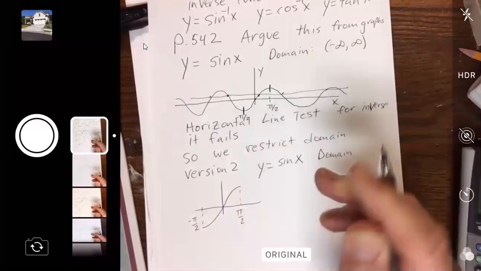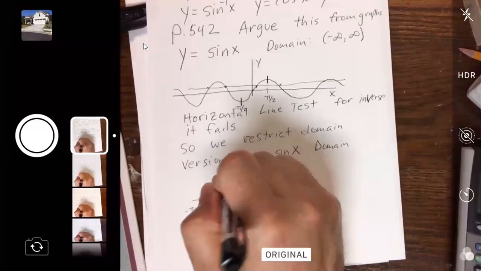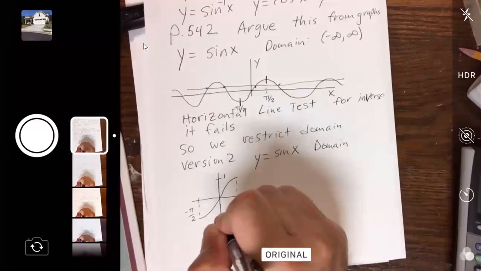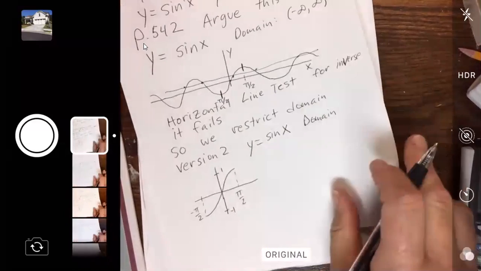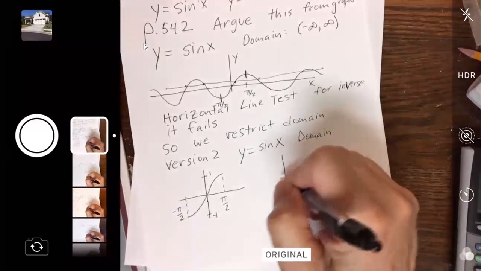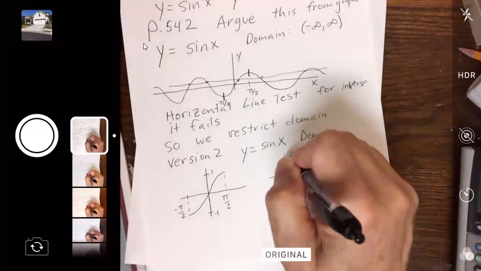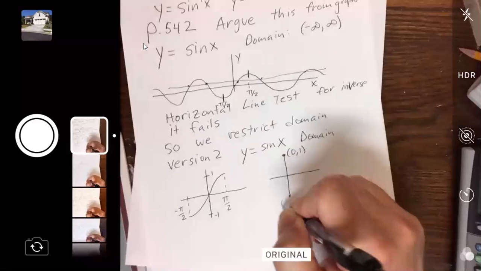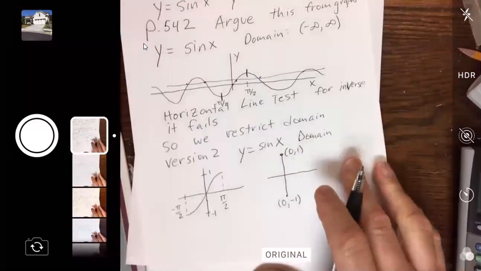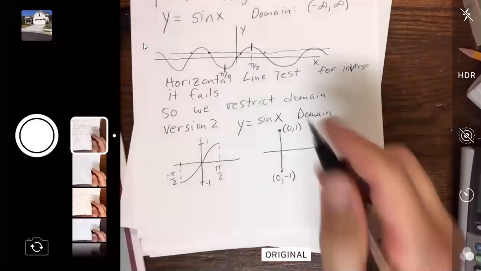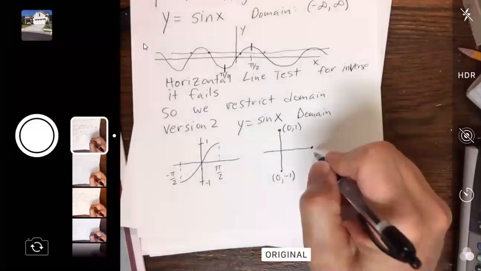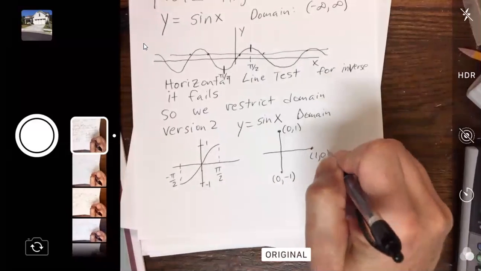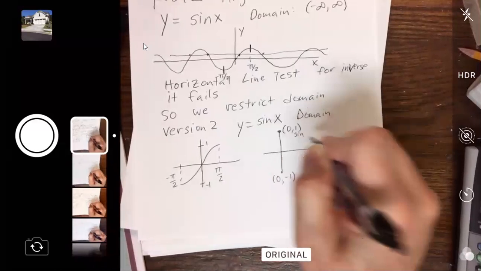If you're wondering how we know that, you're up here at 1, down here at negative 1. If you think on the circle, the coordinate up here is 0, 1, the coordinate down here is 0, -1, and here you're at 1, 0. Remember, the y-coordinate is sine.